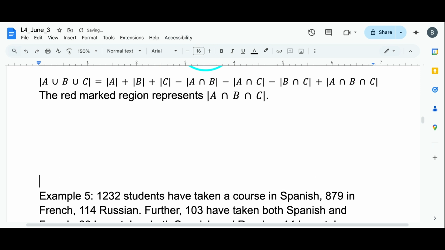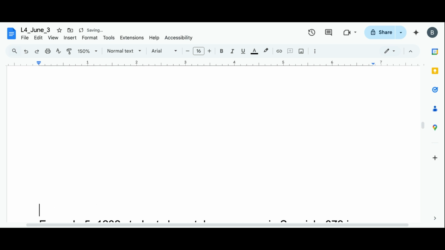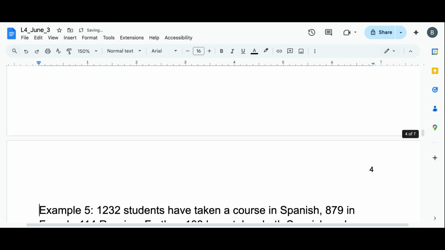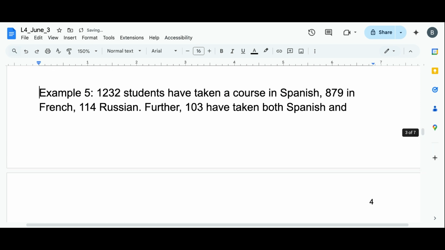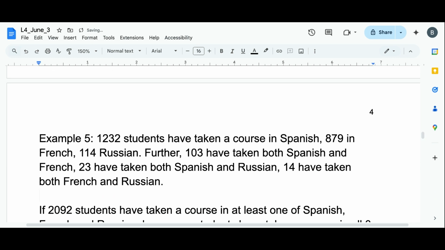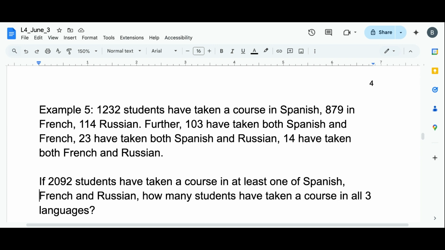Let's take a look at an example here. We have 1,232 students have taken a course in Spanish, 879 French, 114 Russian. 103 have taken both Spanish and French, 23 Spanish and Russian, 14 French and Russian. 2,092 students have taken a course in at least one of these.